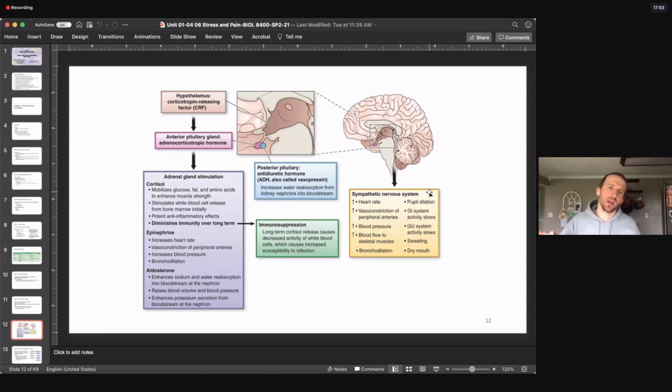Those two things together give us our alarm phase. Then as we enter into the resistance phase, and unfortunately, if we enter into the exhaustion phase, we get the long-term activation of our adrenal glands, one part of which is an increase in long-term production of cortisol, which can lead to immunosuppression and risk for infection.